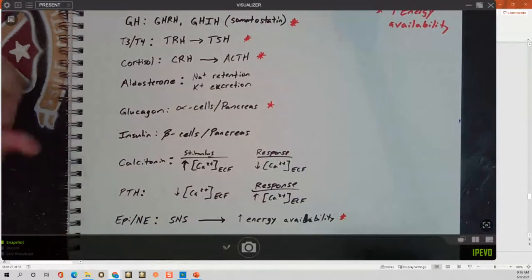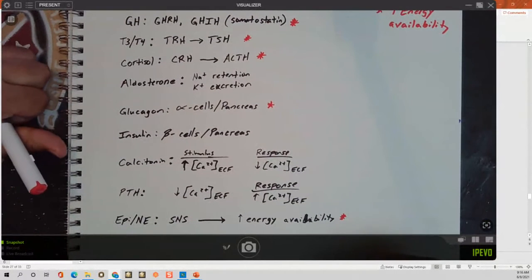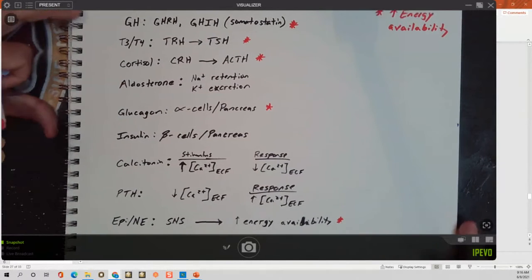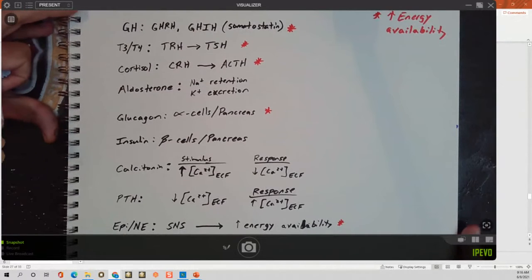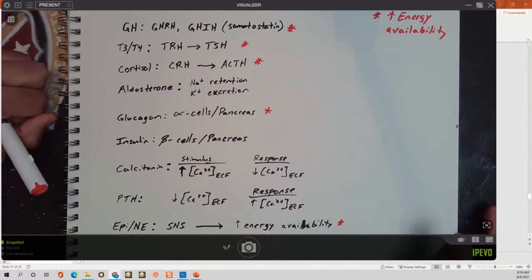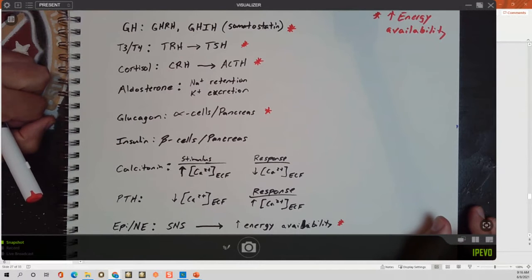I want you guys to look at this list, and there's one hormone on this list whose sole job is to store energy away. Who am I? One of these things is not like the other. I have one hormone on this list whose sole job is to store energy away.